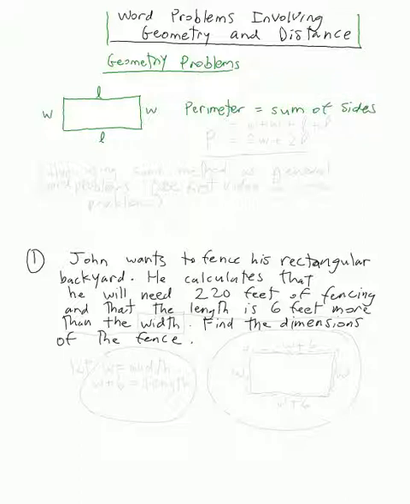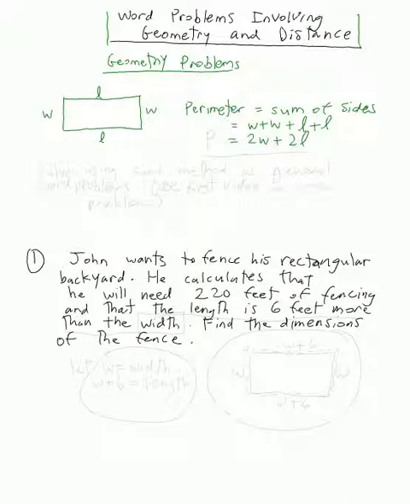The sum of the sides in this case is going to be the width plus the length plus the width plus the length, since we see we have 4 different sides. Another way to simplify that is twice the width plus twice the length.